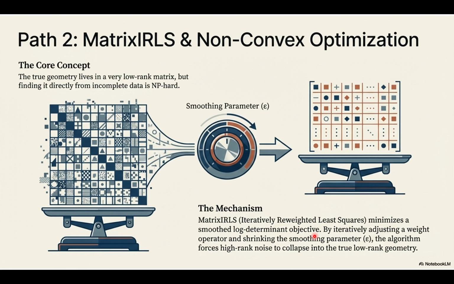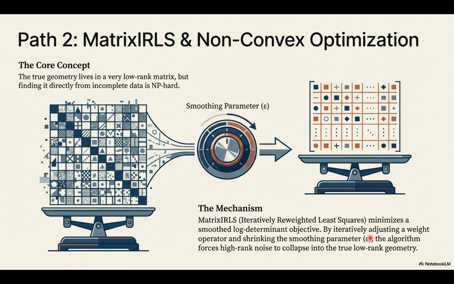Think of matrix IRLS like shrink wrapping an irregularly shaped object. Okay, I can picture that. When you first throw the plastic over the object, it's baggy, it's loose, it's chaotic. That baggy plastic is your high rank noise. It's the matrix filled with missing, unconstrained data. Got it. Then the algorithm introduces a smoothing parameter, usually called epsilon. So epsilon is the heat gun.